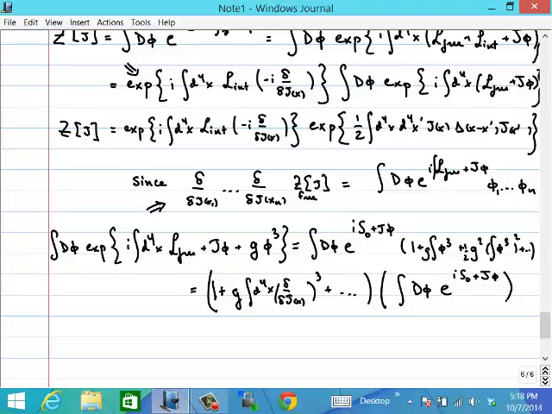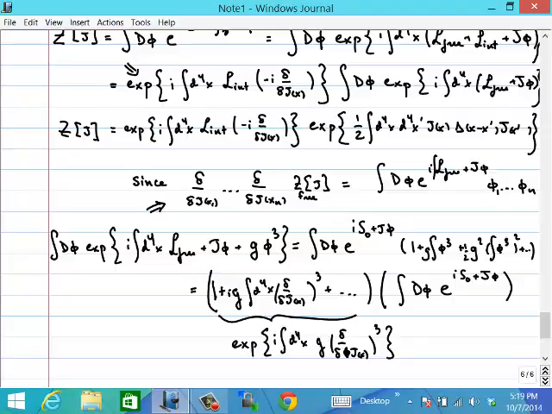Okay, and then I could resum this and rewrite it as the exponential of the integral d4x, and I forgot my i's here, so there are some i's, of g times d by dj of x cubed.